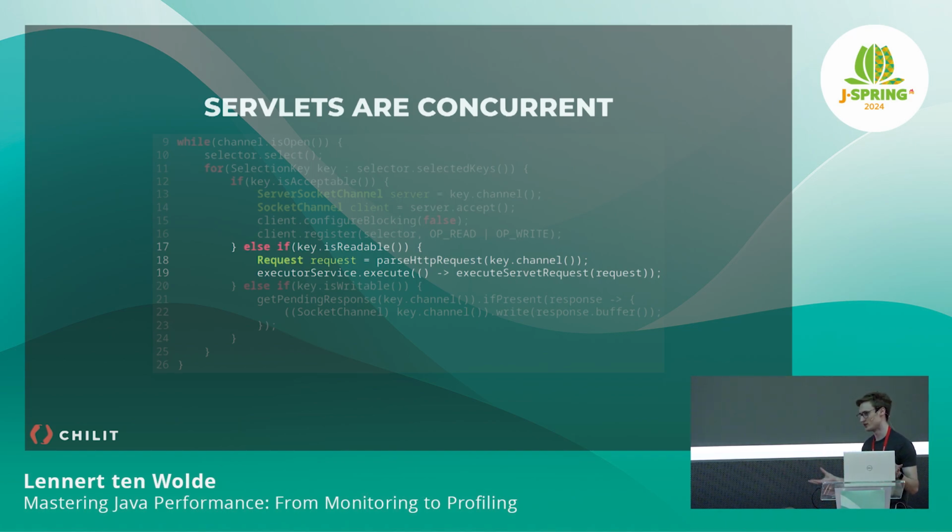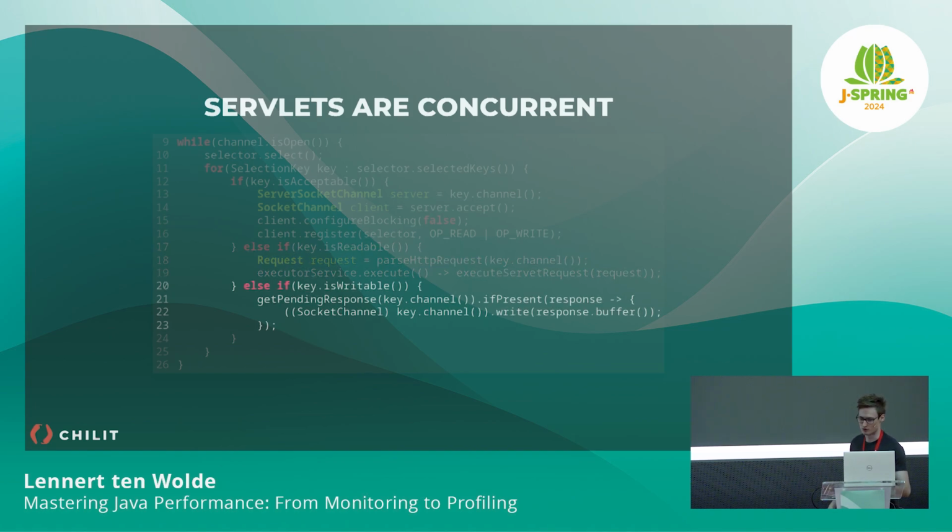So if you have a REST controller which has some type of endpoint, it's being called from one of these executor services, or very similar. I didn't actually study the entirety of the source code, but it would work something like that. And then it will also write out responses.